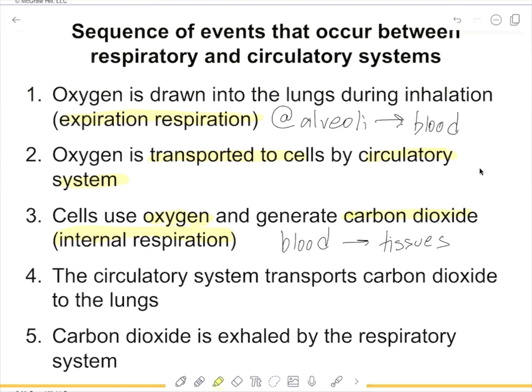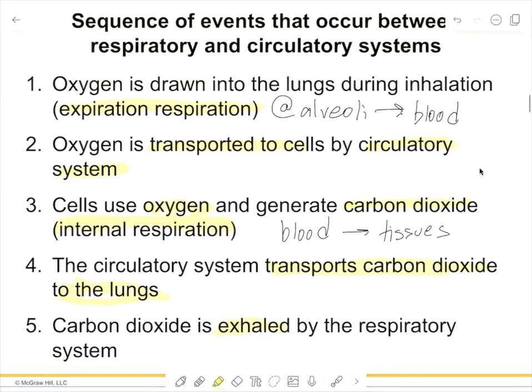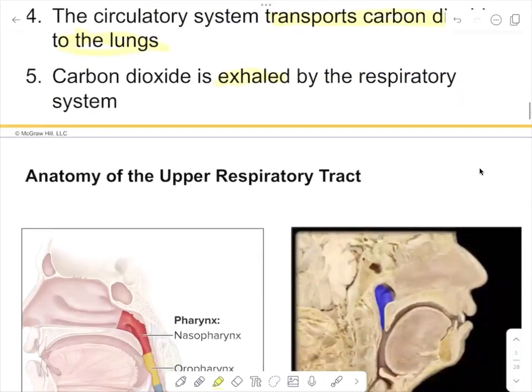Then the circulatory system is going to transport the carbon dioxide to the lungs. And then the last step is that the carbon dioxide is exhaled through expiration by the respiratory system.